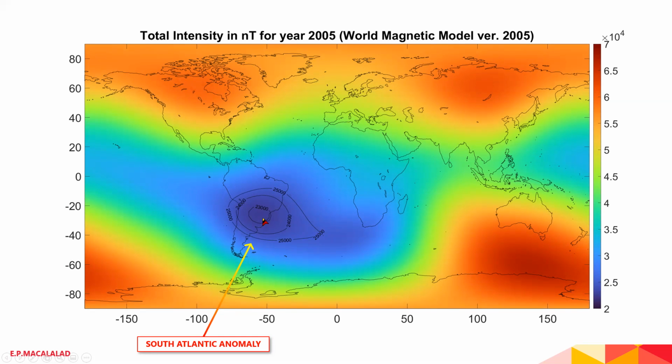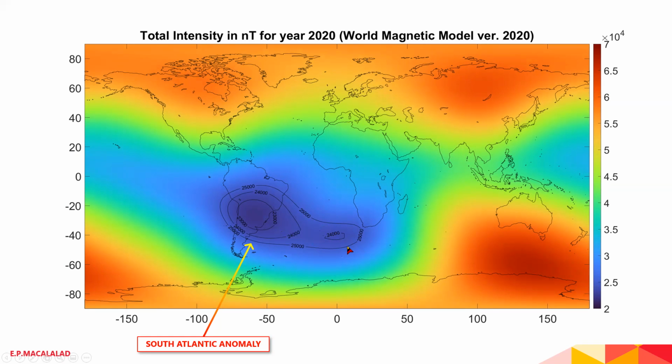There is already an apparent increase in the region where this South Atlantic anomaly occurs. This is 2010, so you will notice that it extends further eastward. And then 2015, and then 2020.